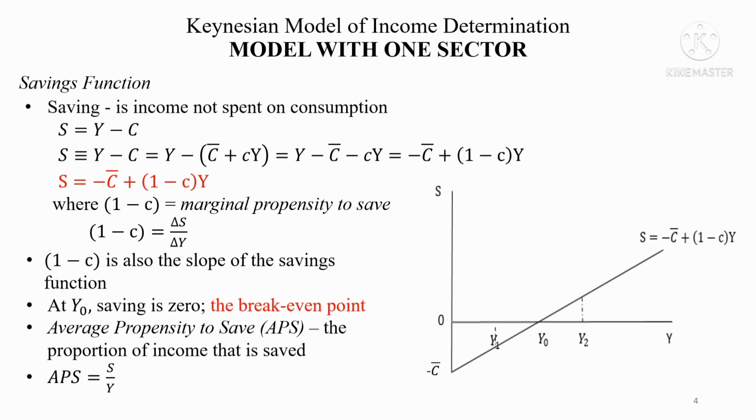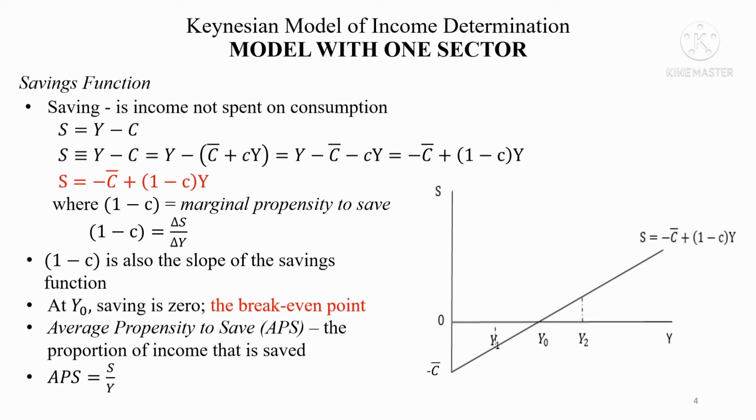Substituting C from our equation for consumption expenditure a while ago, S is now equal to Y minus the quantity of C bar plus c times Y.